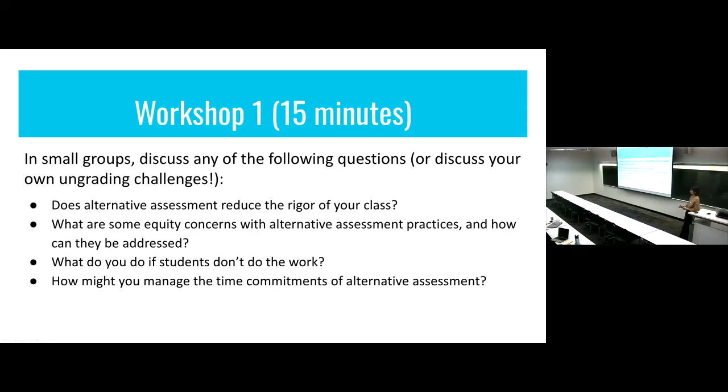The work is still the work, right? Whether I'm assigning a number or having a conversation. I guess I do see how contract grading could in theory reduce the rigor, but at the same time, I would only be using contract grading in situations where I want that work done and the quality is not the most important thing in that moment. I'm not doing contract grading for my papers, I'm doing it for my weekly reflection, engagement type work.